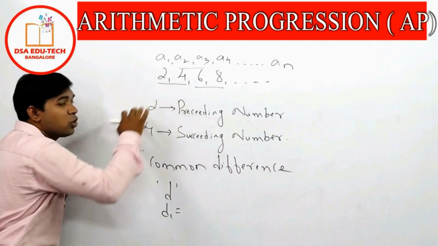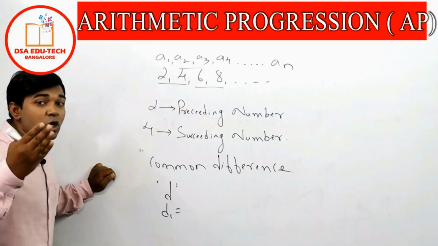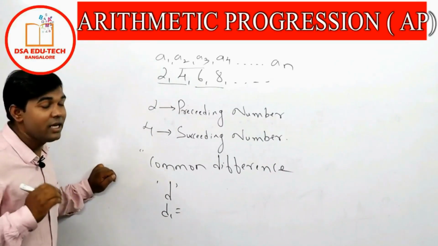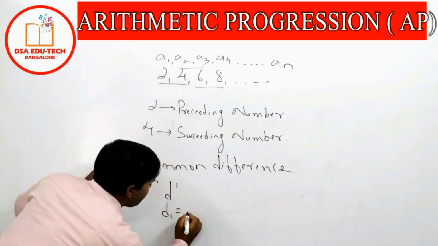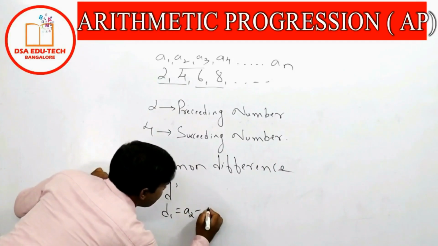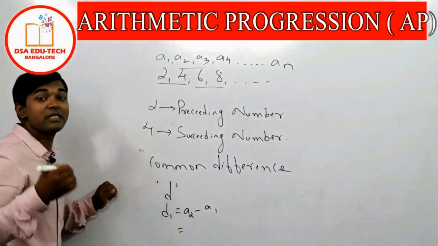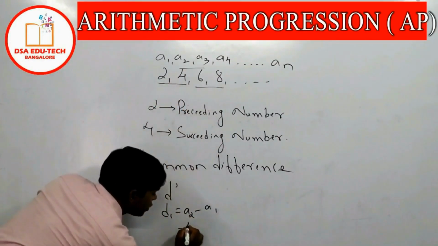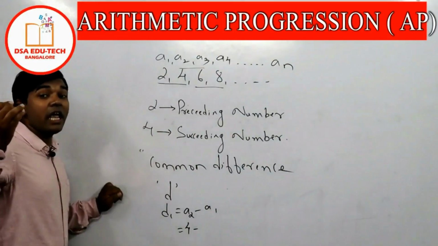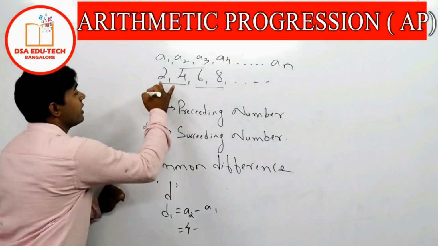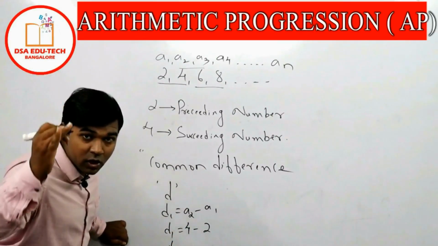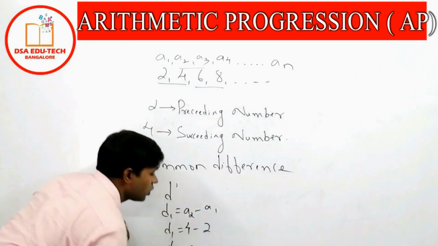With respect to these two numbers, you always calculate the succeeding number minus the preceding number. So in this case it is A2 minus A1. What is A2 here? 4. And what is A1? 2. So D1 is equal to 4 minus 2, which is nothing but 2.